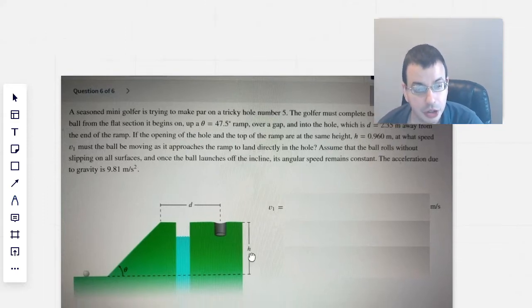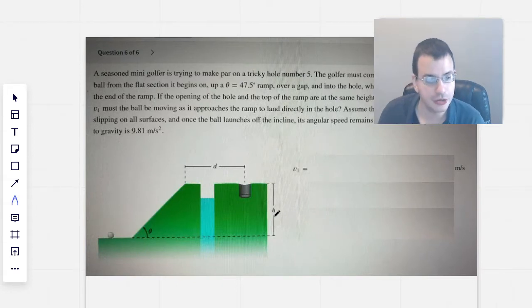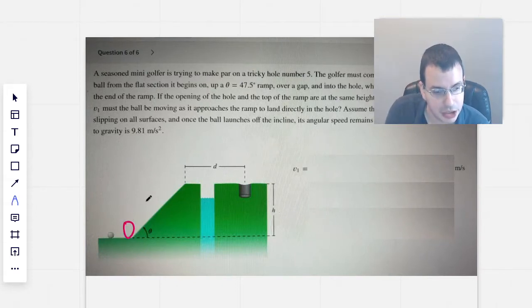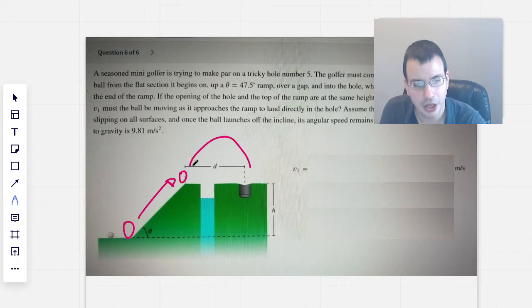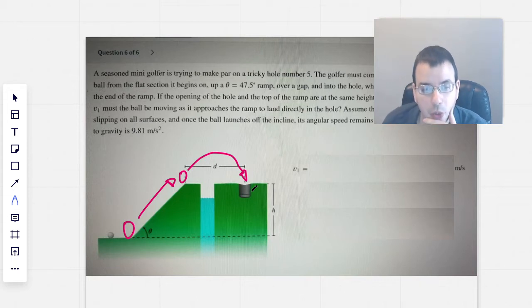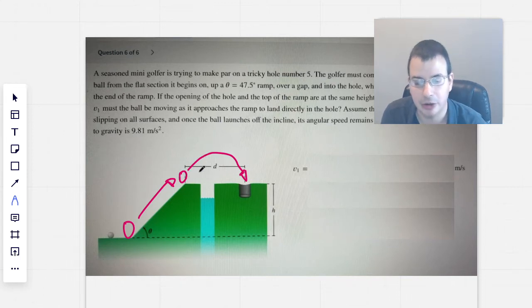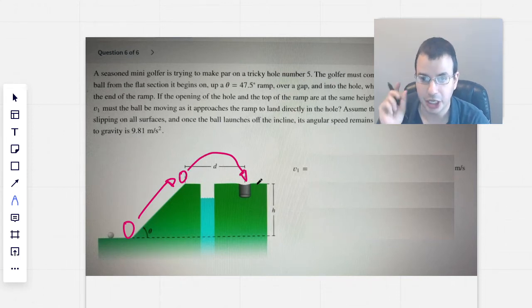Okay, so I'm going to break this into 2 parts. The first part is where the ball is rolling up the hill, and then once it reaches the top of the hill, it's going to fly parabolically, projectile motion, into the cup. So I'm going to find the speed that it needs from this point and at this angle to make it just into the cup.